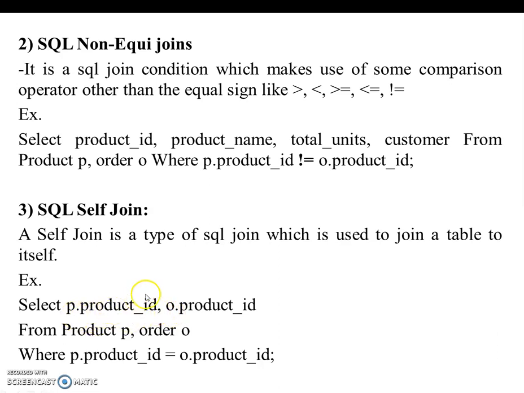We have just used the column names themselves, but here we are using particular instances, and you need to specify a common column which is available in both tables. I have a product table and an order table, and within them I have a common column, product id. Hence I have written p dot product id, o dot product id, and I am matching that condition. So this is nothing but the example of a SQL self join.